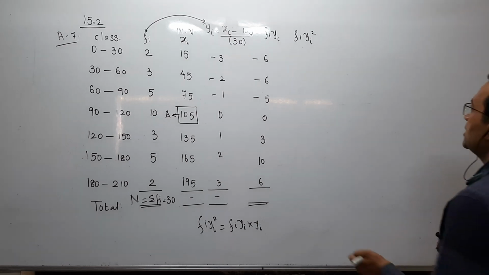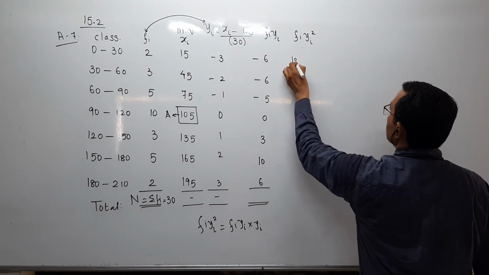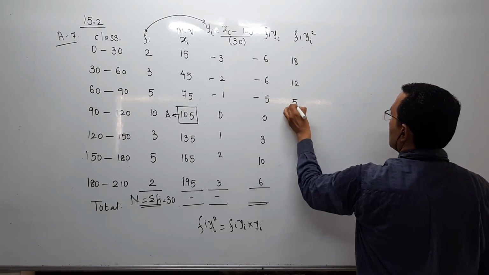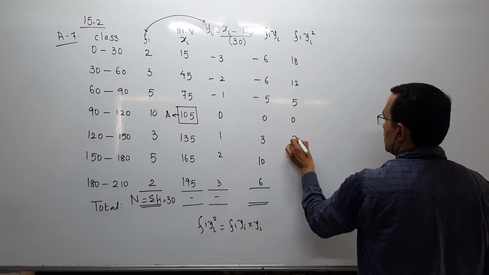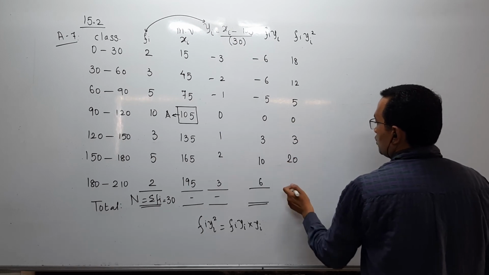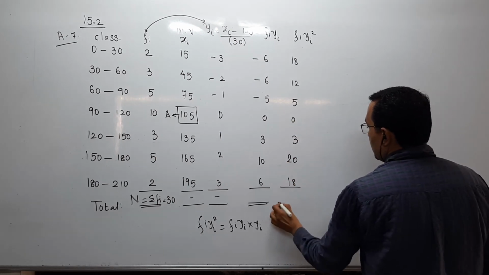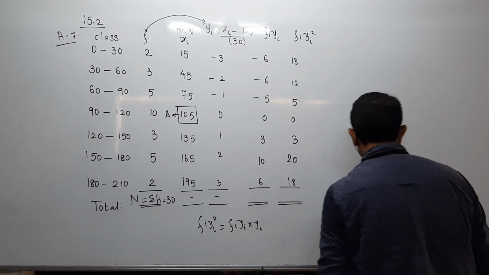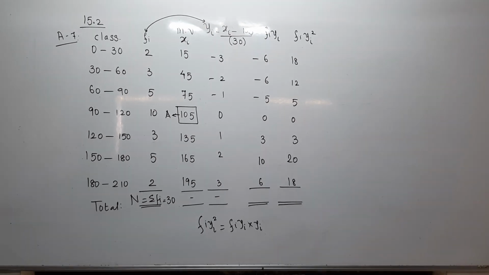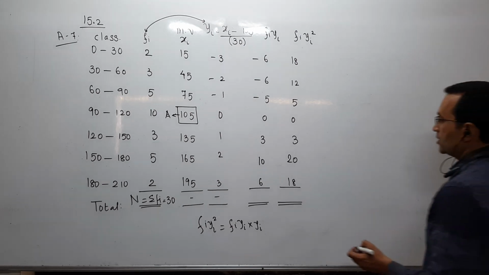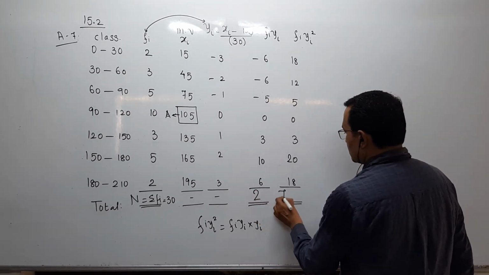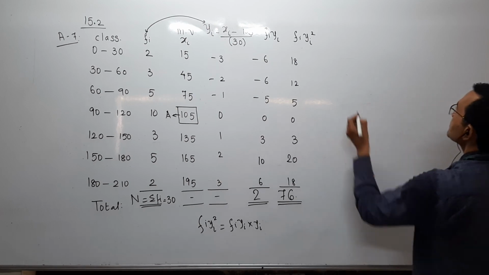So -3 into -6 will be +18, here +12, +5, 0, 3 into 1, 3, 20 and 18. Now, the totals of Fi yi and Fi yi square are 2 and 76. This total is 2 and this total is 76.